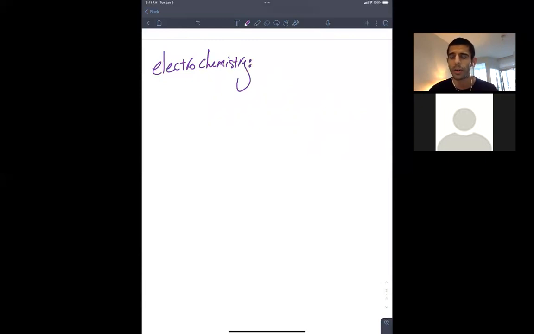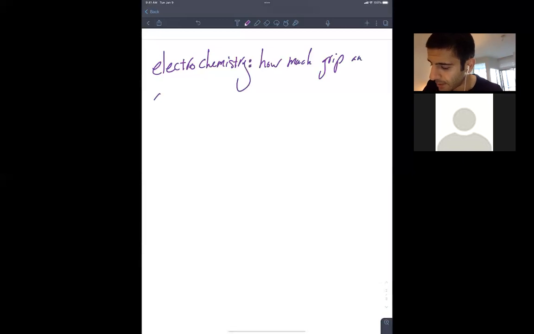It's the power, how much grip an atom has on its electrons. That's literally what it is. So how much grip an atom has on its electrons.